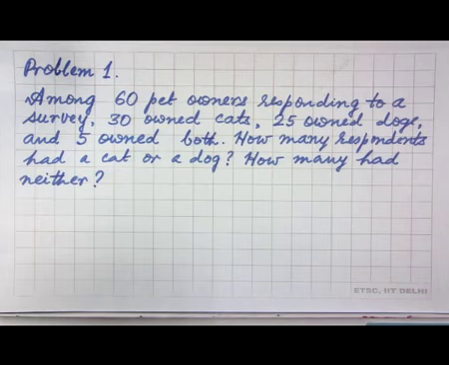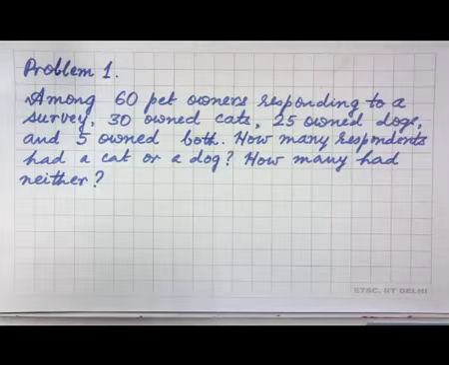What is missing in this is the understanding of the word or. When we say how many had a cat or a dog, it includes the situation where a respondent had both a cat and a dog. In other words, at least one of a cat or a dog. The second question is how many had neither?